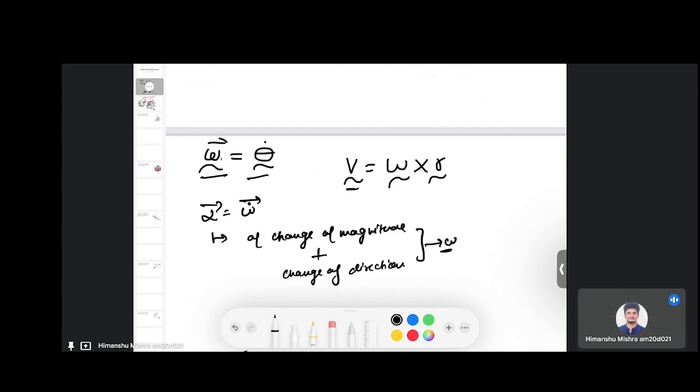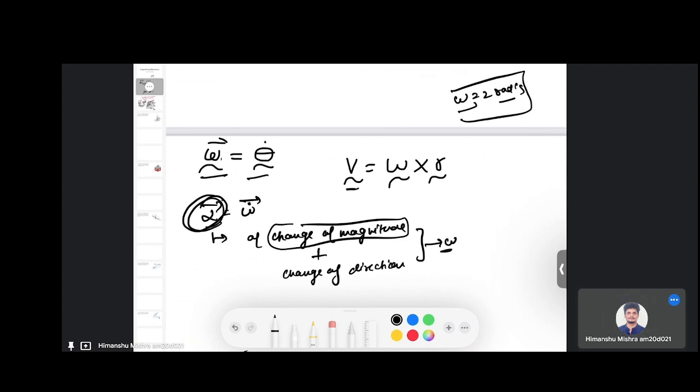So if omega is changing direction, even in that case you will get a non-zero angular acceleration. So even if the magnitude is fixed, for example if your omega is 2 rad per second and fixed, but the direction of omega is changing, that means you have a non-zero angular acceleration, even though the magnitude of this angular velocity is fixed or constant.